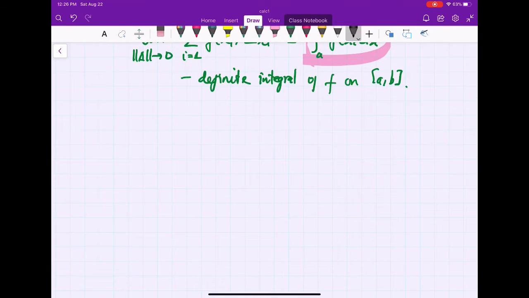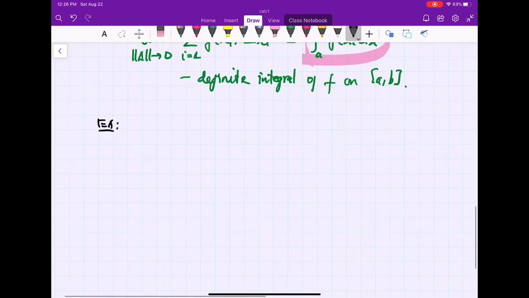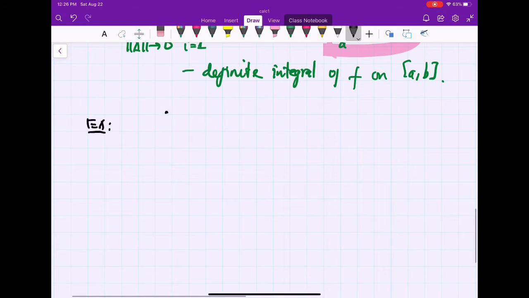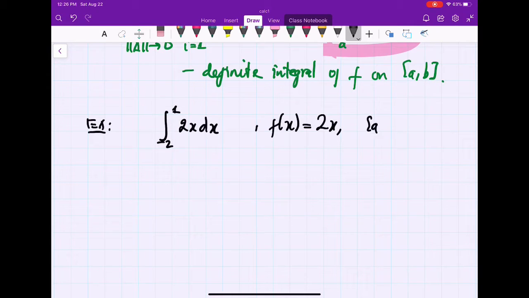The first example, let's evaluate the following integral from negative 2 to 1 of 2x dx. In this case, our function is 2x, and the interval [a, b] is [-2, 1], right?